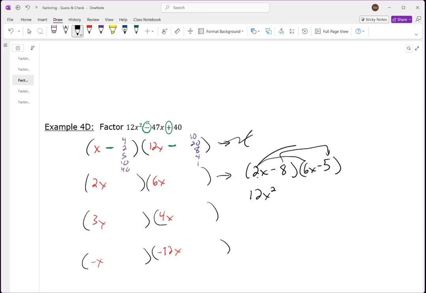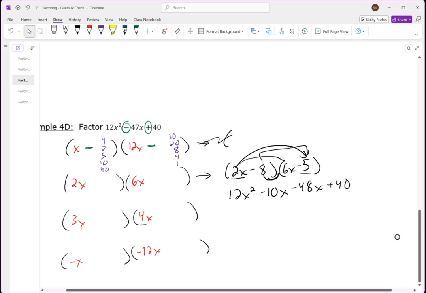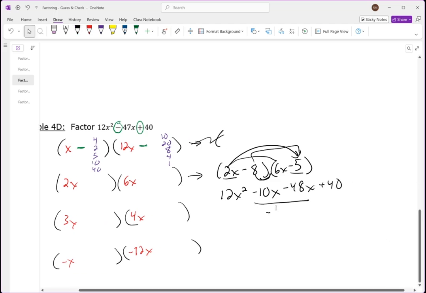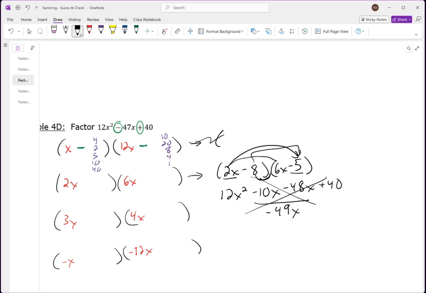But my outside two are going to be 2x times negative 5x or minus 10x. And then here I'm going to have minus 48x, and then I'm going to get 40. Now this equals negative 49x, which means it doesn't work.